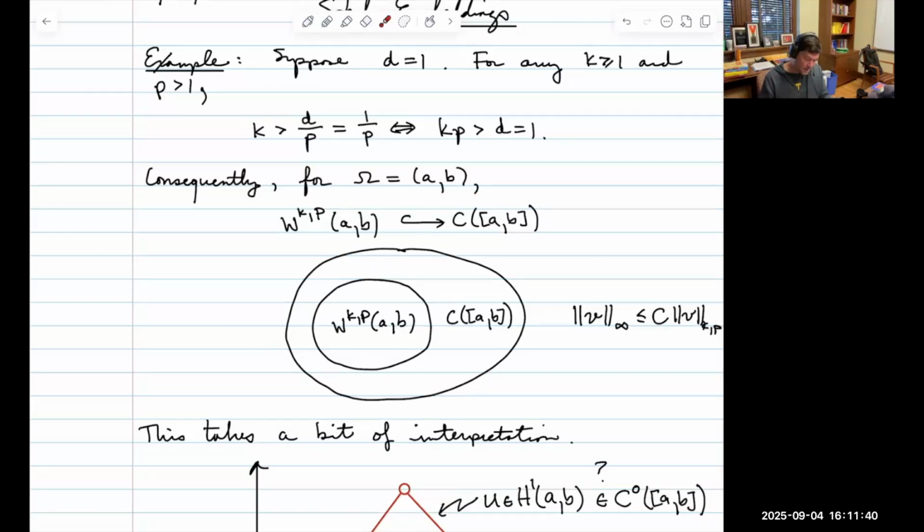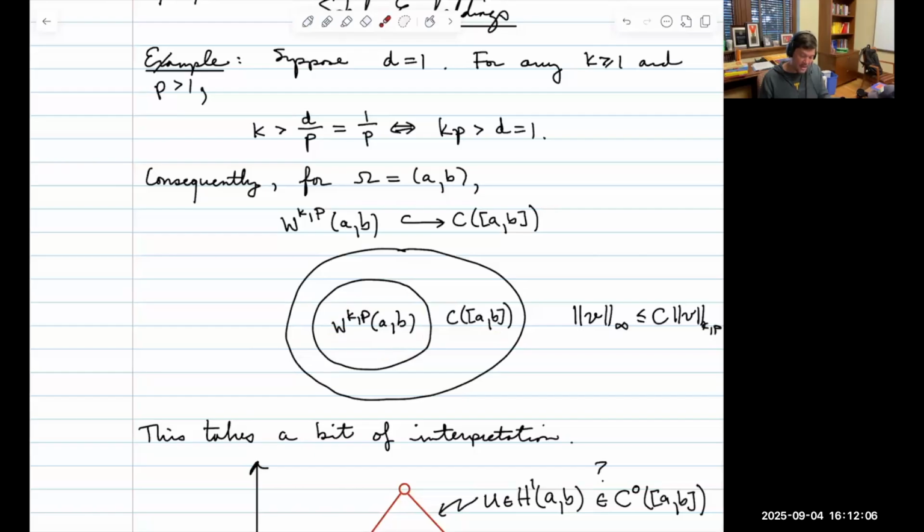What this theorem tells us is that the W^{K,P} space for this interval is a subspace of the continuous functions. So if I pick out a function in here, it must also be in this space. This is my crude Venn diagram here.